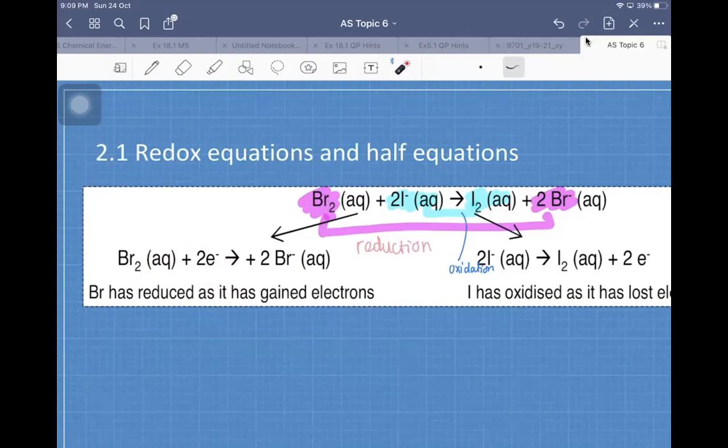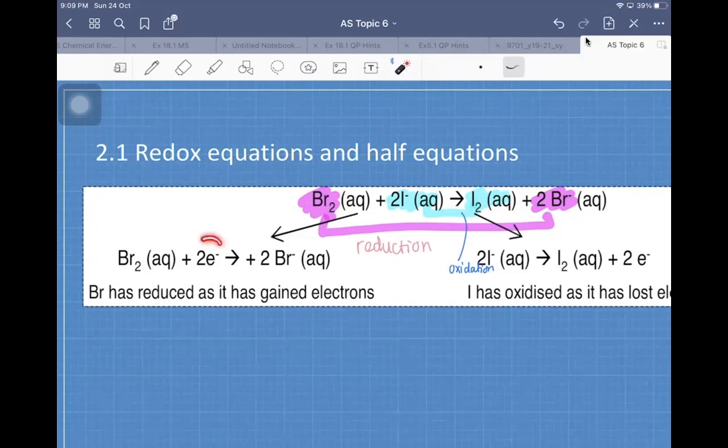Balance in atoms, balance in charge, especially important because that's something that we tend to overlook. For your whole equation, your complete equation, you also have to balance your charge, okay? So whatever equation, as long as it's an equation still, whether it's half or full, you always need to balance the atoms and the charges, okay?